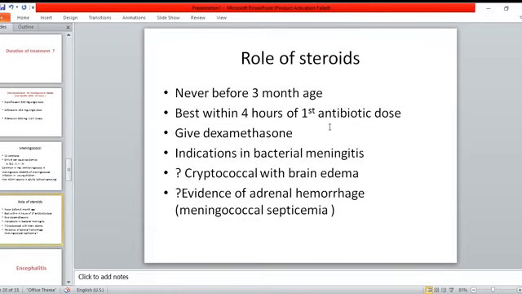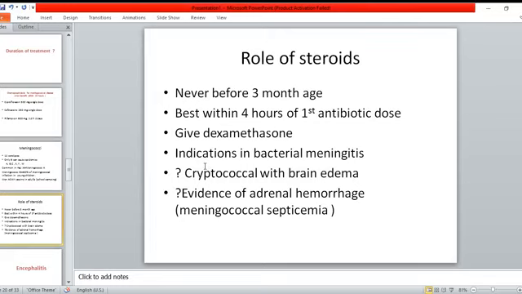And usually these patients are given dexamethasone, 4 doses daily for 4 days. So the rule of 4 for dexamethasone: best to be given within 4 hours of the first antibiotic dose.